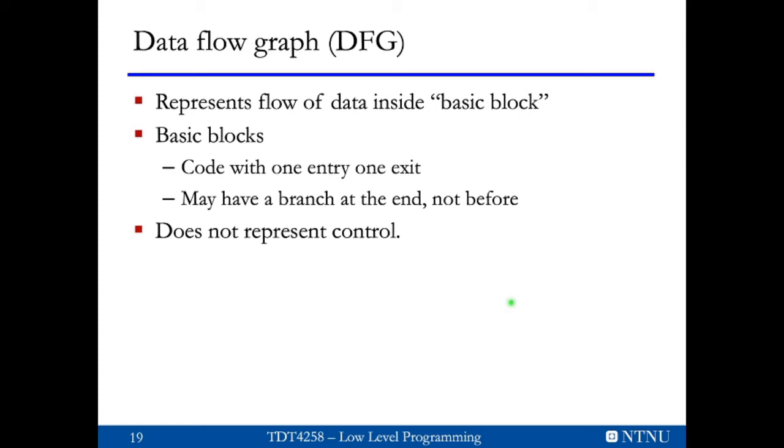A basic block is essentially just a sequence of machine instructions, but this sequence of machine instructions comes with some restrictions. Essentially, it's an uninterrupted sequence of machine instructions. So it means it's code where you can only enter this piece of code at the beginning, so you can only jump to it when you jump to its start, and it ends usually with a branch or just with the end of a program or something like this, but it cannot have a branch in between.